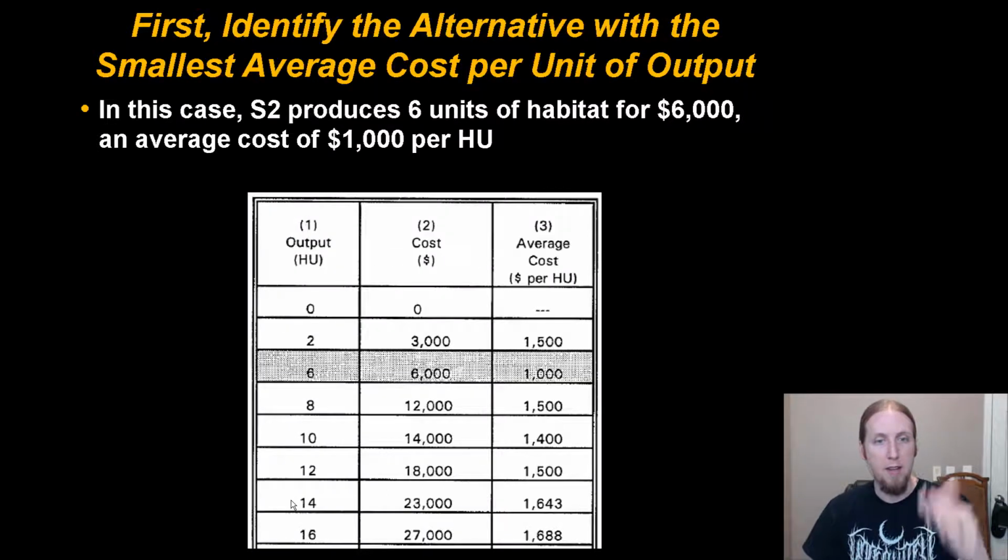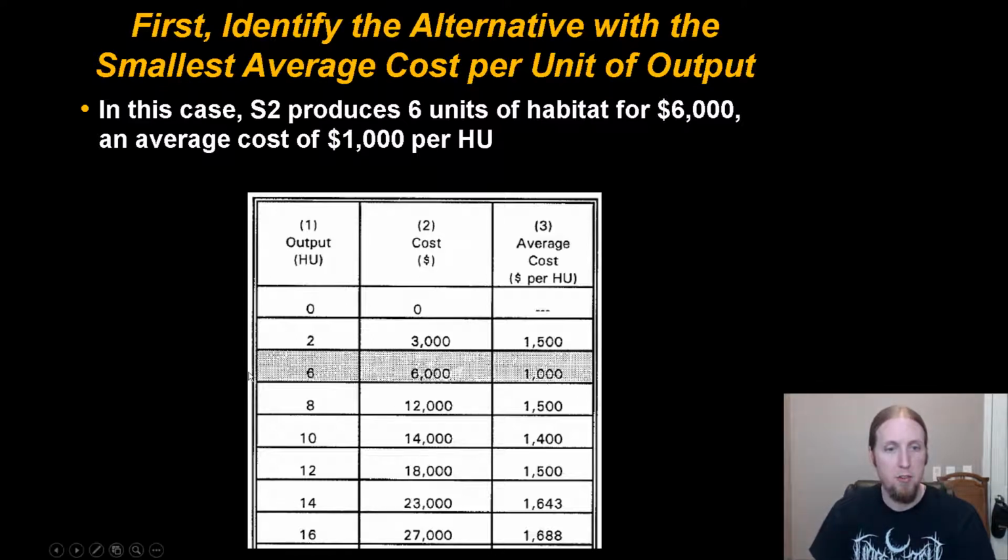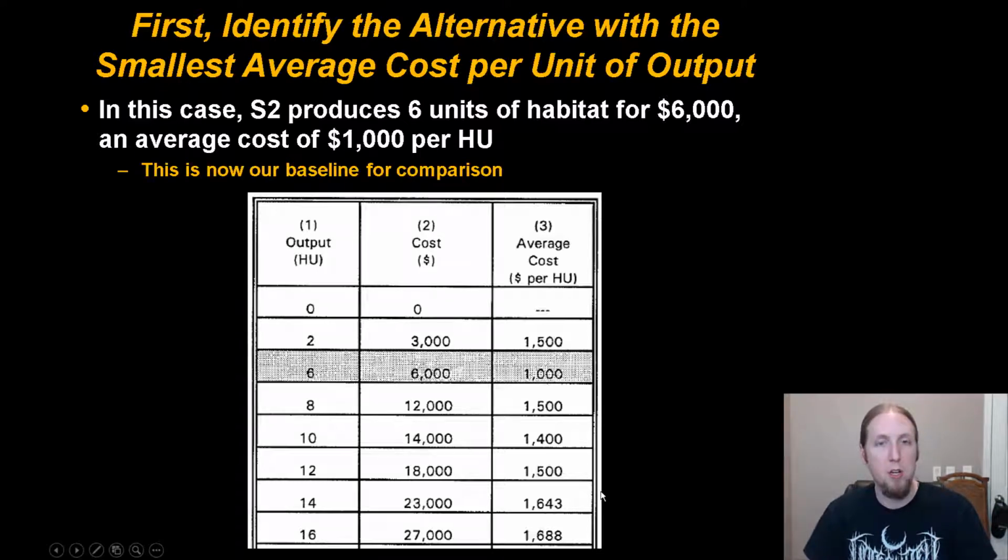If we look at a table of the average cost per habitat unit for all of these different efficient strategies, we can see that this second strategy that produces 6 habitat units for 6,000 is the most cost effective. It has an average cost of $1,000 per habitat unit, and every other project has a higher average cost. That means we're going to use it as our baseline for comparison.